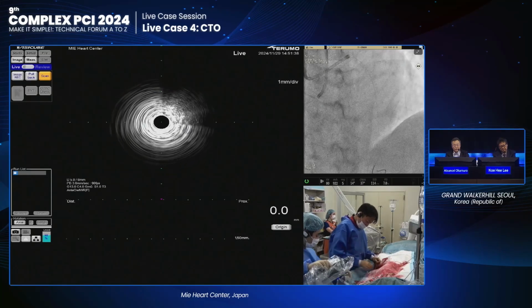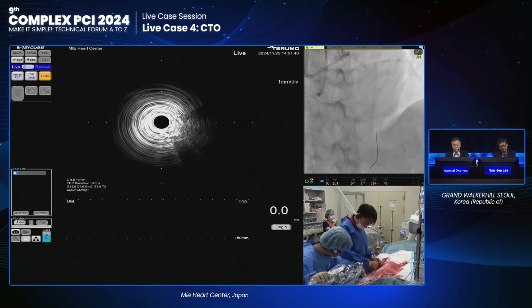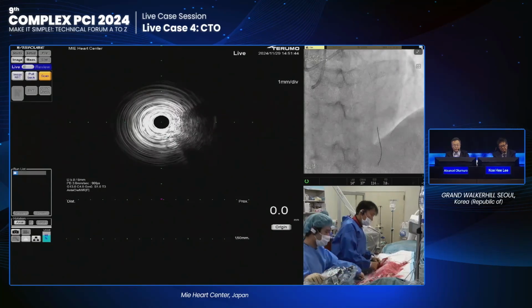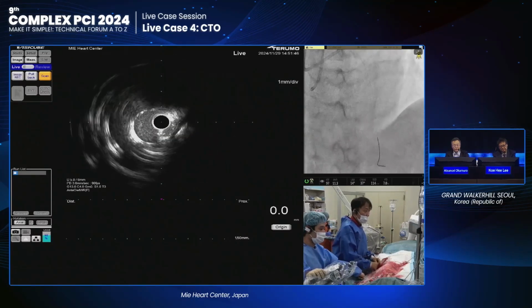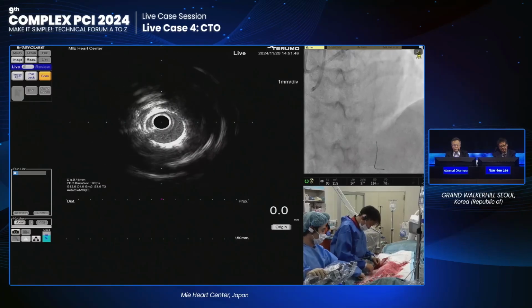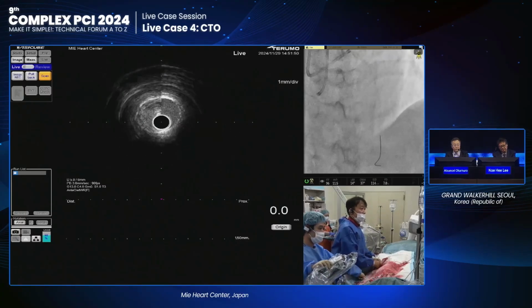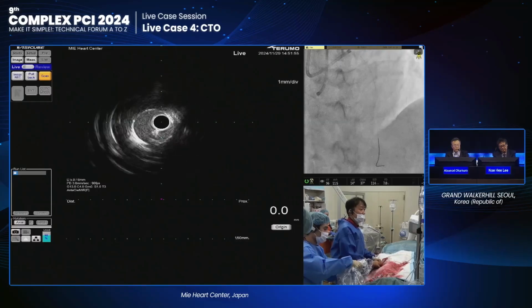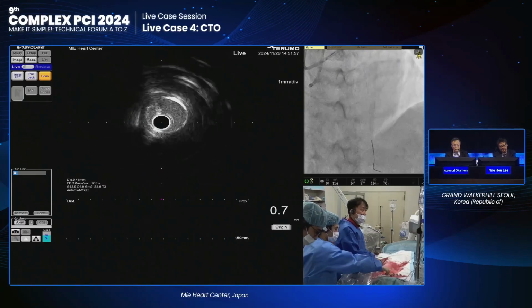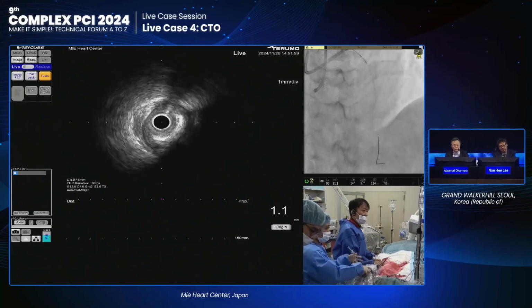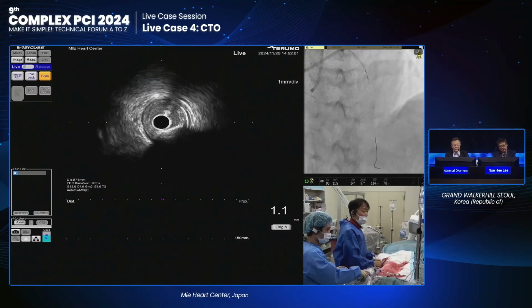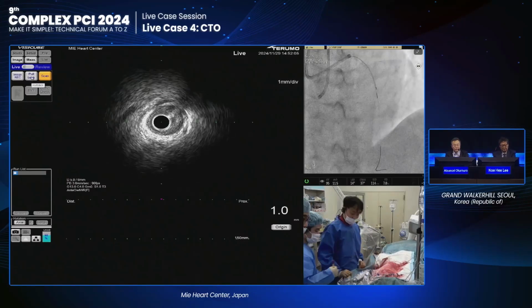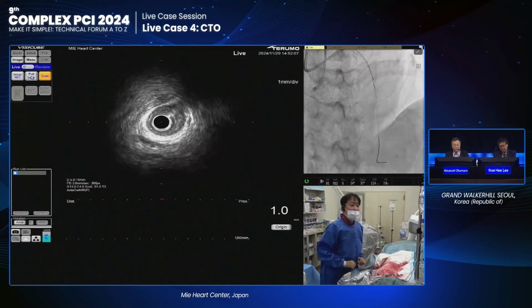Could you hold the wire a bit? It's a little tight. Okay, now we reached the distal landing zone. Support work, please.